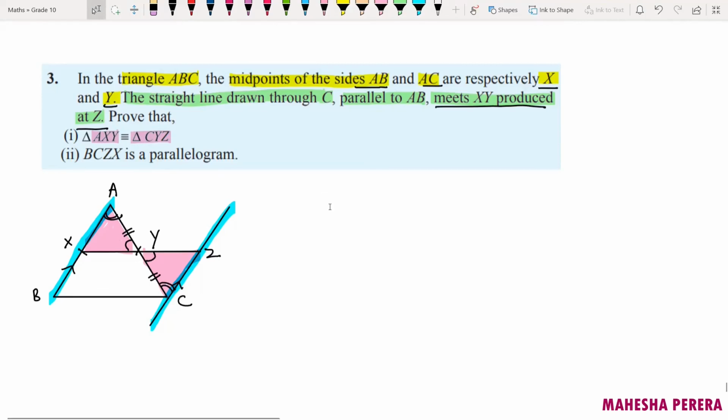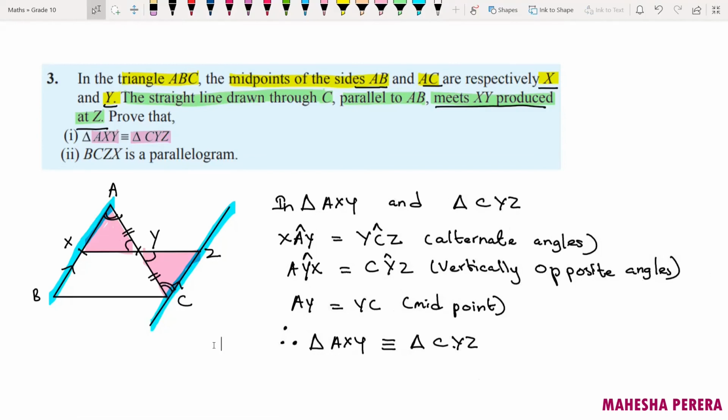So let's write the steps. In triangle AXY and CYZ, right? XAY, this angle, should be equal to YCZ, this angle, because alternate angles. Then these two angles, AYX and CYZ, they are vertically opposite angles.